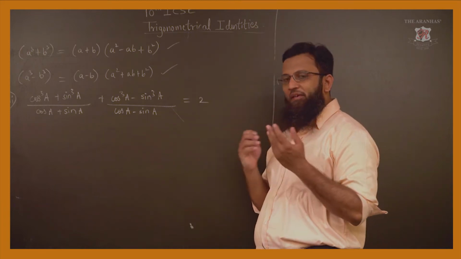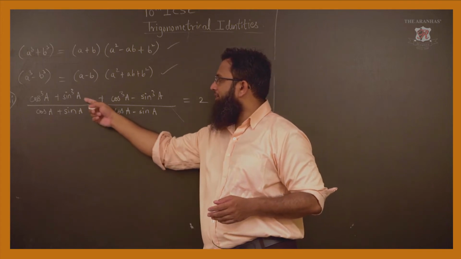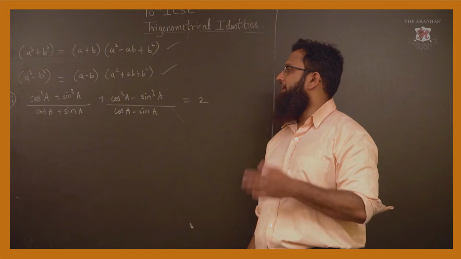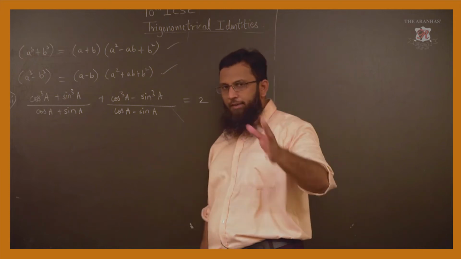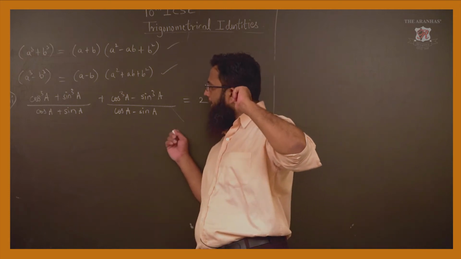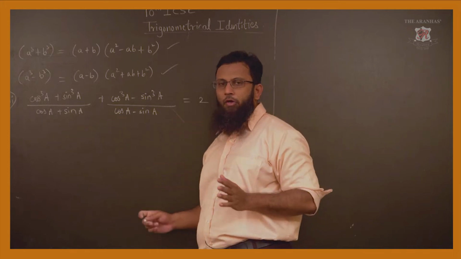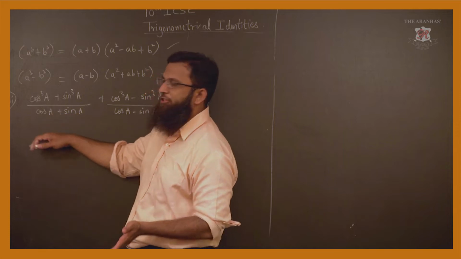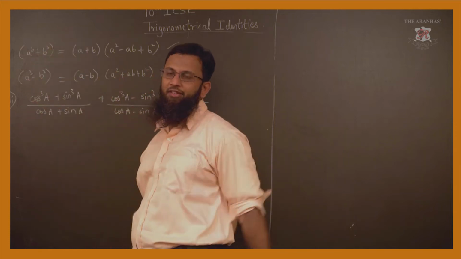Most of them try to take LCM, cross multiplying and all that, which is not expected. Always remember, in trigonometry you will come across various such questions which resemble the formulas of the chapter expansion.